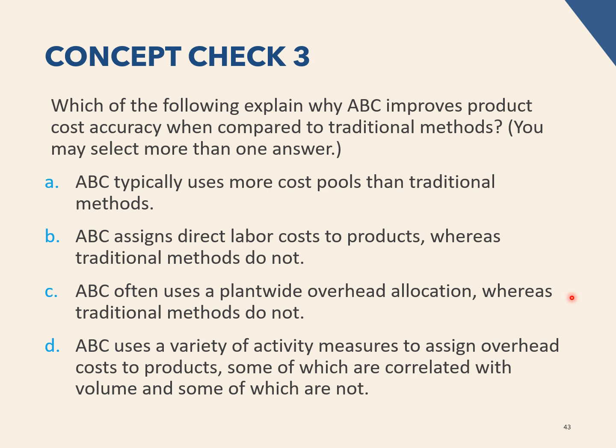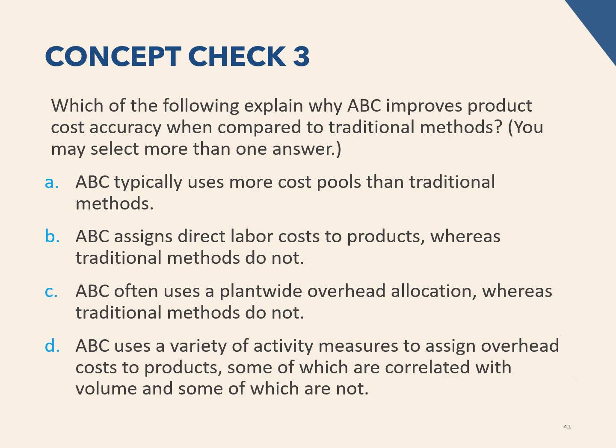C, ABC often uses a plant-wide overhead allocation, whereas traditional methods do not. D, ABC uses a variety of activity measures to assign overhead costs to products, some of which are correlated with volume and some of which are not.